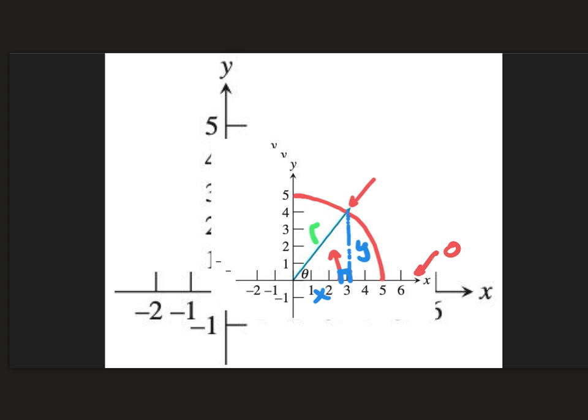So when we talk about angles, you got to identify your angle first. Which angle are you using? X becomes the adjacent or next to the angle. Y becomes the opposite or opposed to the angle, the leg across from the angle. And r is our radius.